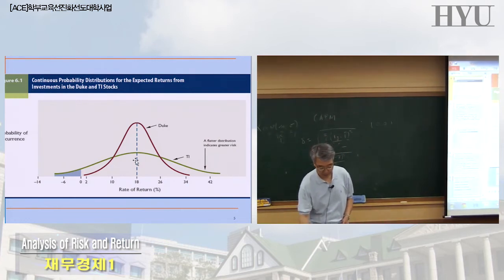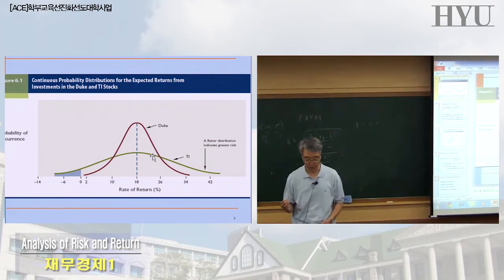That means we have a higher mound or stack in the center compared to the ends of the distribution. So in the center, we see a lot more observations compared to the margins. In both cases, Duke and TI stock, we have a symmetric and mound-shaped distribution.